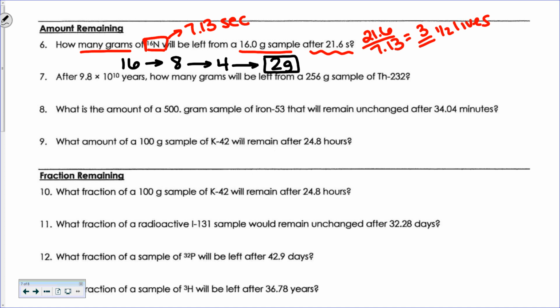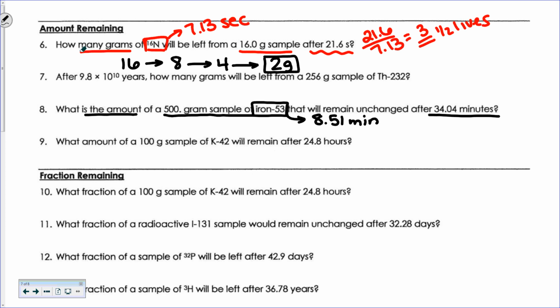So it says, what amount of a 500-gram sample of iron-53 will remain unchanged after 34.04 minutes? So I'm going to look up iron-53. Iron-53 is going to have a half-life of, I would go to my Table N, this is where I'm looking this up, 8.51 minutes.